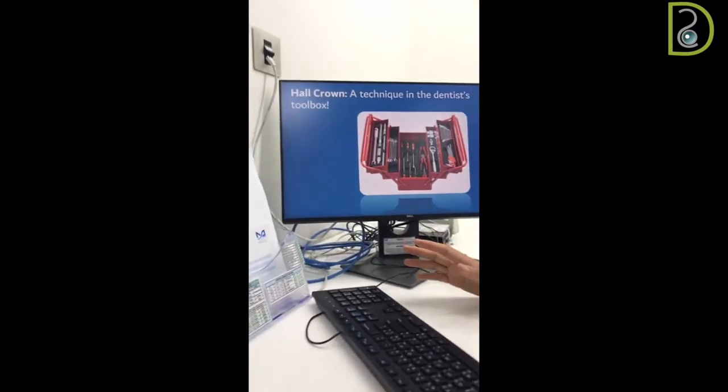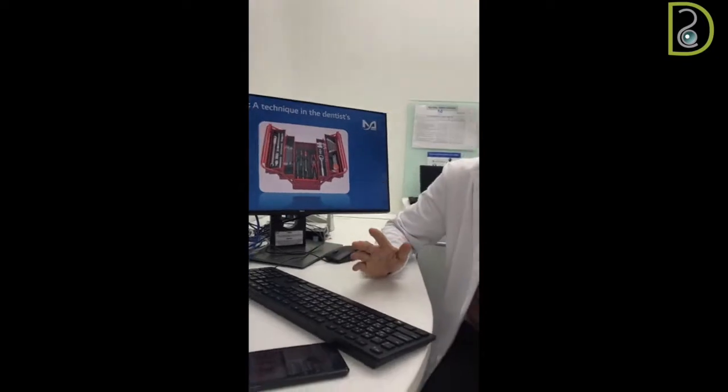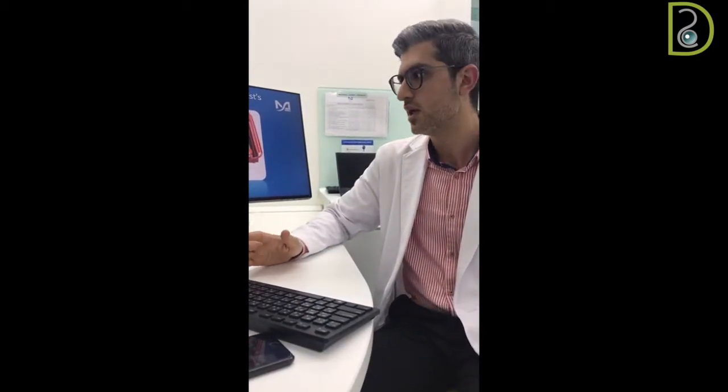So the whole crown is a technique in our toolbox. As dentists, we have our toolbox with different treatment modalities and different materials, and none of them has negative points over the others. The thing is when we use it and the indication for using it.